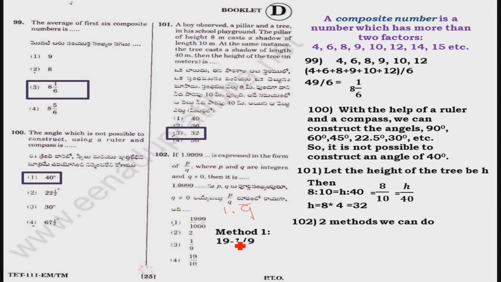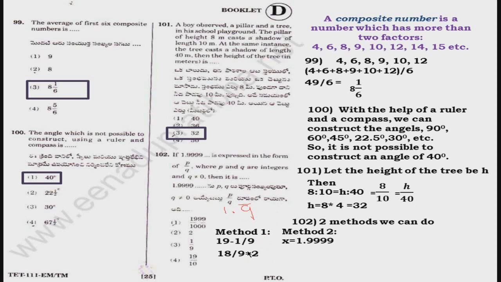So whatever number is given, first we'll write that minus the numbers which are not covered under the bar, so only 1. So that is over the number of 9s we'll write for the number of digits under the bar. So under the bar here, how many digits are there? Only one digit is there. So 19 minus 1 by 9. If it is 75 bar, then you'll write it as 99. So in this way you do. So 19 minus 1 is 18. 18 divided by 9 is 2.